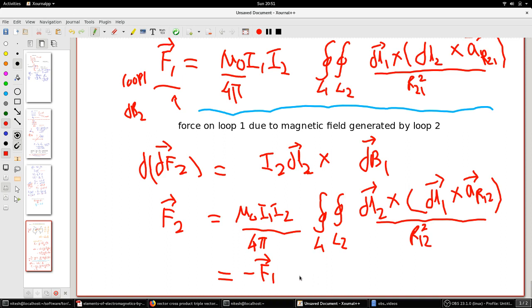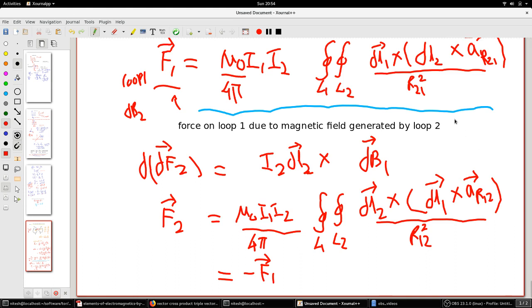So the magnitude of the force will be the same, only the direction will be opposite. The force exerted on loop 2 due to the magnetic field produced by loop 1 is exactly the same but in the opposite direction to the force generated on loop 1 due to the magnetic field produced by loop 2.